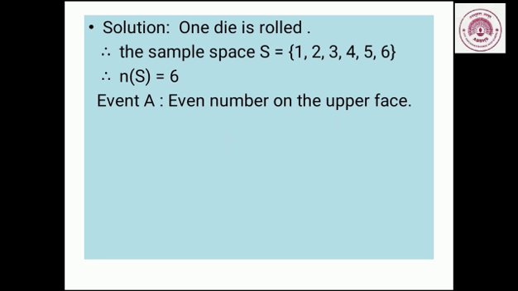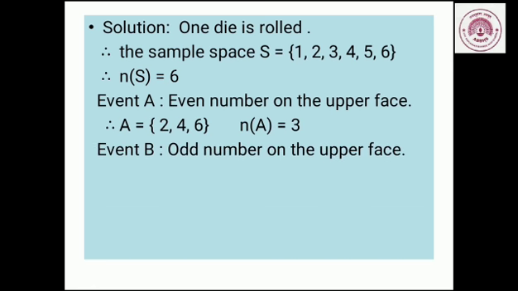From sample space S, how many numbers are even numbers? The numbers are 2, 4 and 6. Therefore, A is equal to {2, 4, 6} and n(A) is equal to 3.